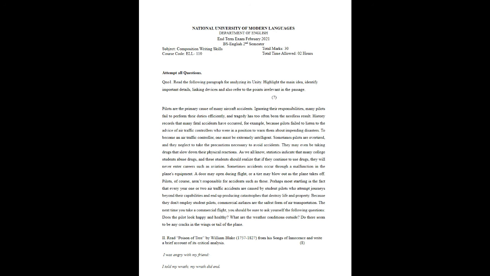Question number 1, read the following paragraph for analyzing its unity, highlight the main idea, identify important details, linking devices, and also refer to the points irrelevant in the passage. And second question is read Poison Tree by William Blake from his Songs of Innocence and write a brief account of its critical analysis.